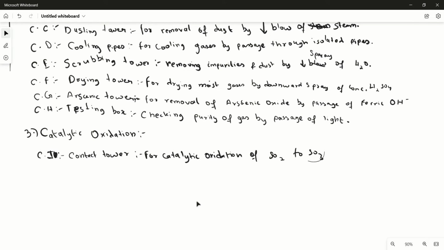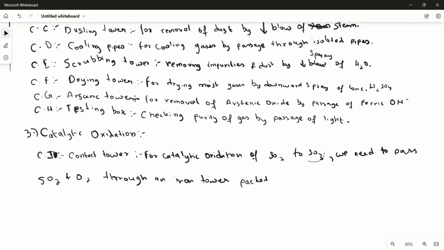For catalytic oxidation of SO2 to SO3, we need to pass sulfur dioxide and oxygen through an iron tower packed with vanadium pentoxide.